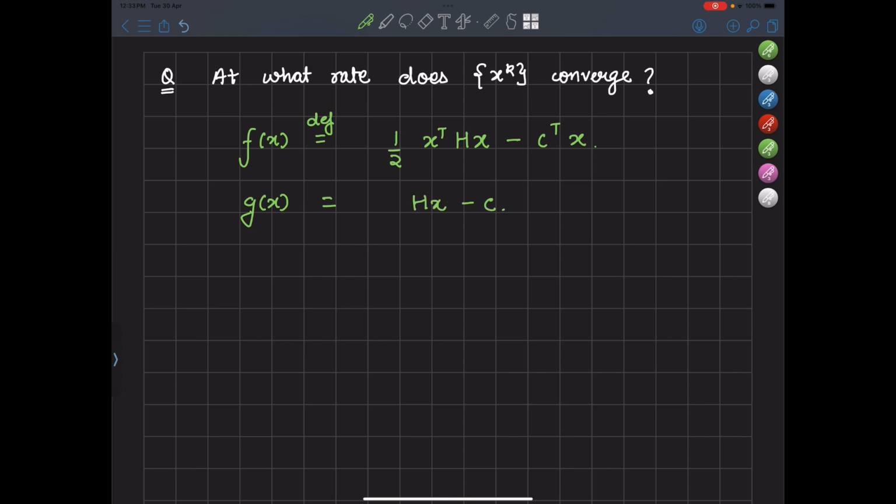And we also saw that equating g(x) equal to 0 will give us the local or global minima of this quadratic function, and it is x star equal to H inverse c, which means Hx star is c. So we can replace c with this value. Now, to do the analysis further, to check the rate at which x_k converges, we'll define an error function.